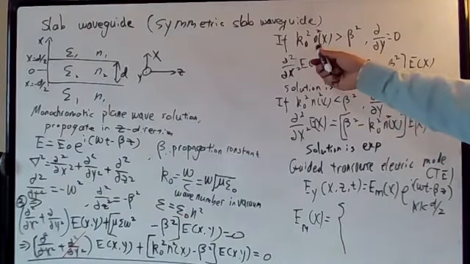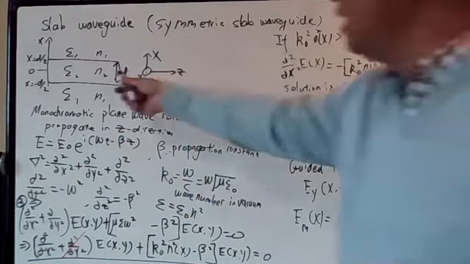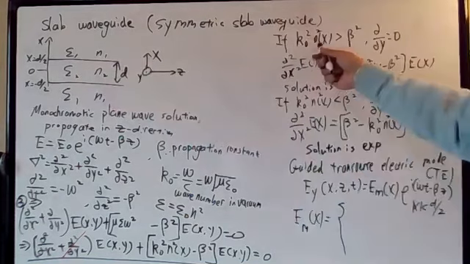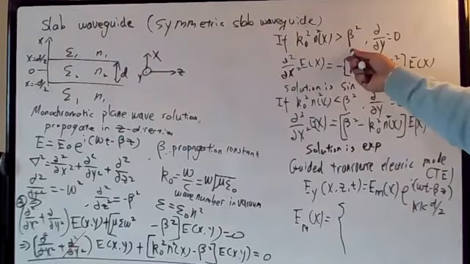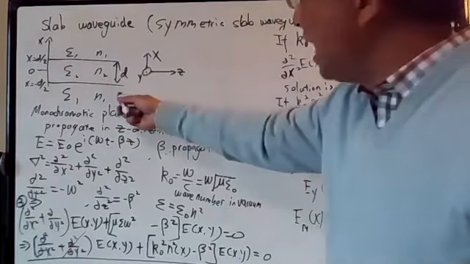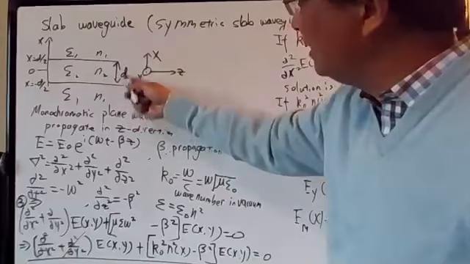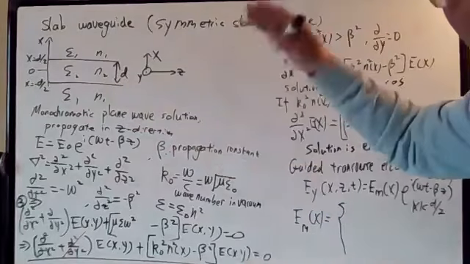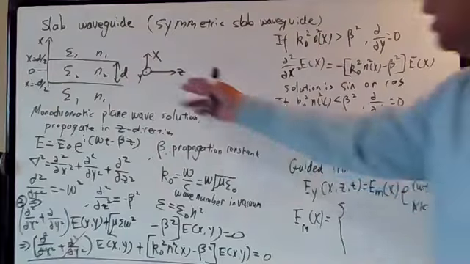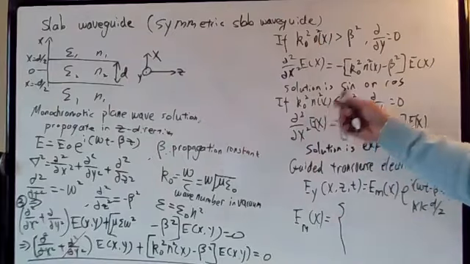So we know that this n is bigger. n is going to be larger than the propagation constant. When x is greater than d, at the outside, this k naught n is going to be smaller.